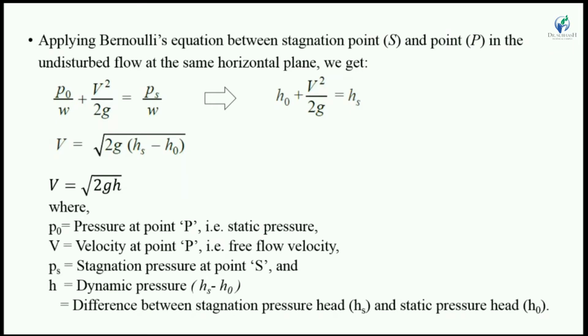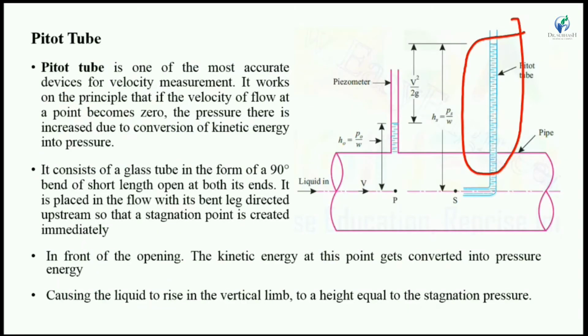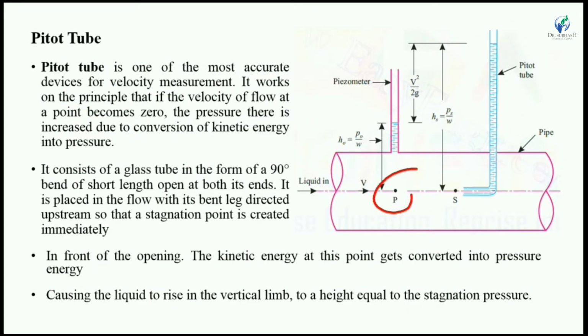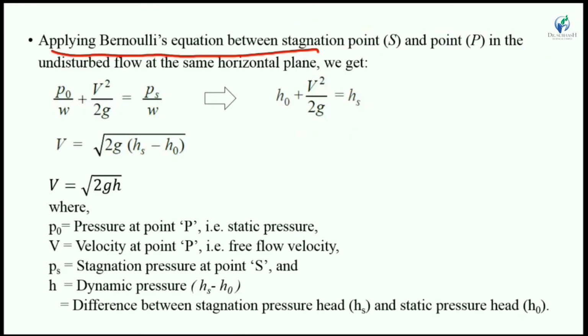Now we apply Bernoulli's equation between the stagnation point and point P as shown in the figure. This is point P and this is the stagnation point S. We apply Bernoulli's equation at these two sections of the pipe.